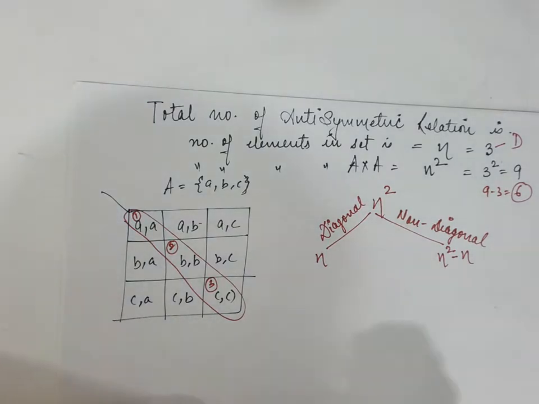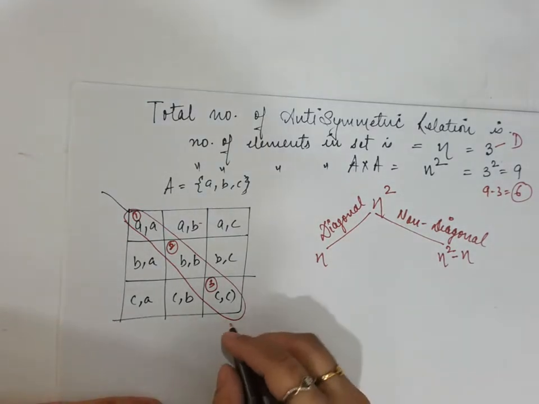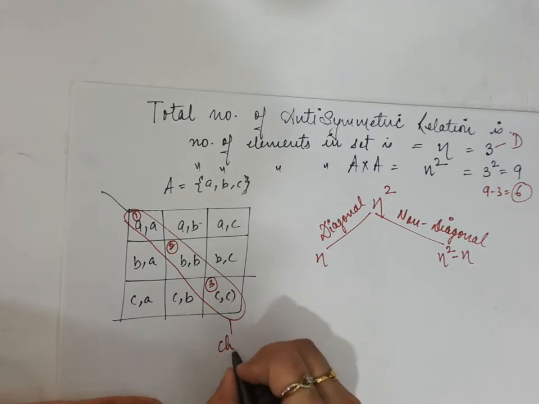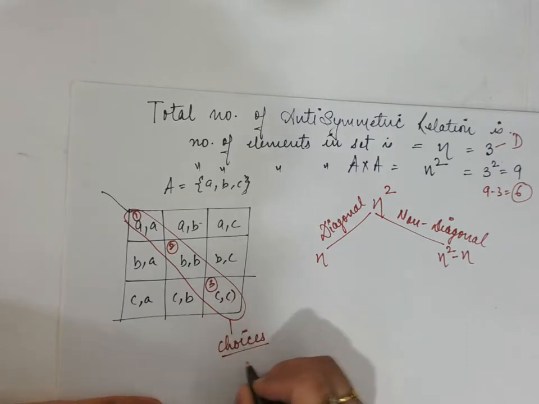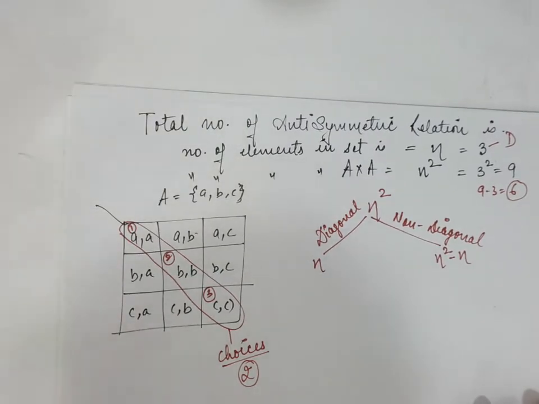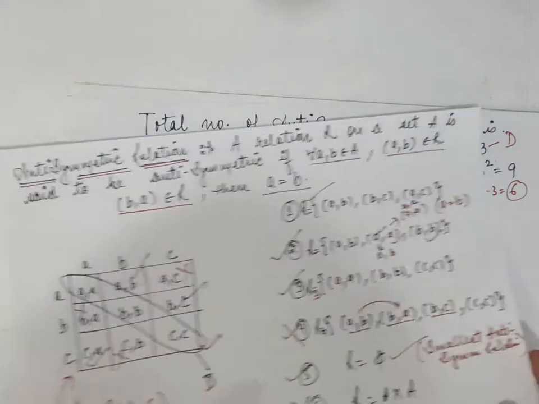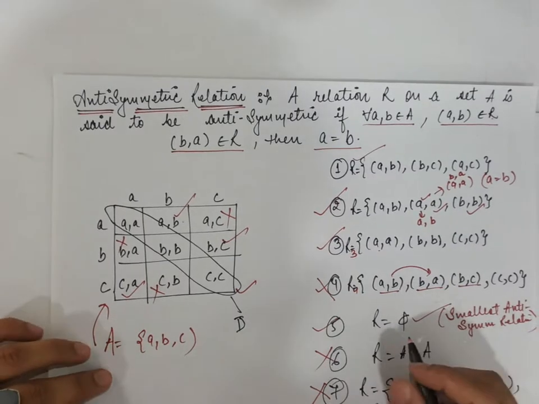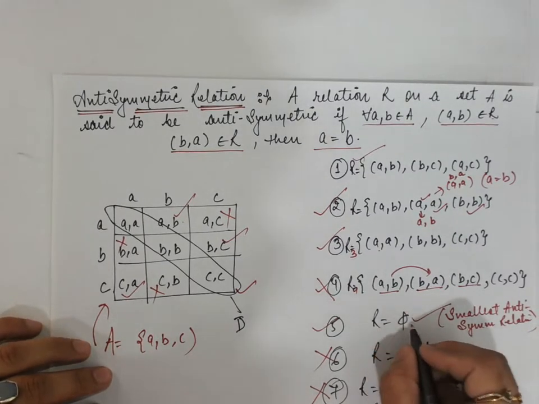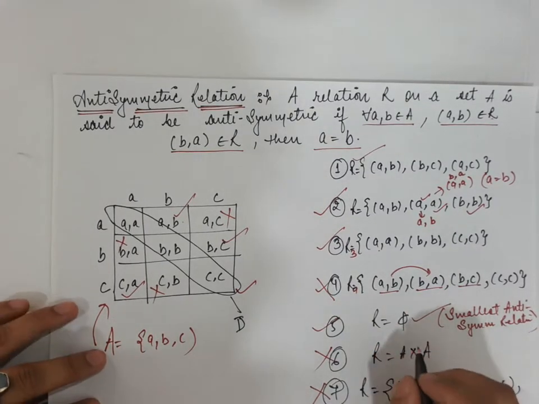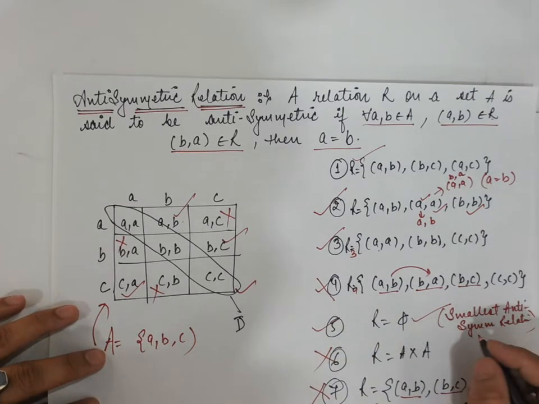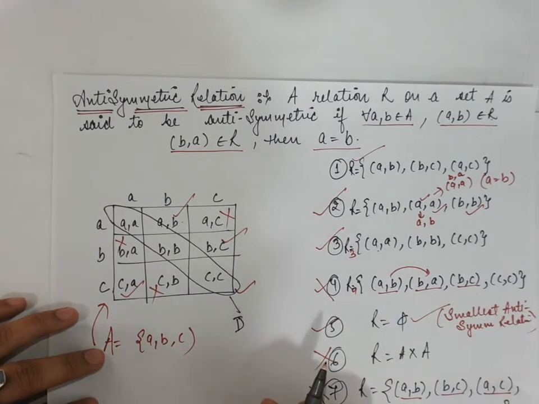Now for the diagonal parts, how many choices do they have? They have 2 choices. Either they are present in a relation or not. Earlier I took an example, R is equal to phi. There exist none of the pairs, but this is also an antisymmetric relation.